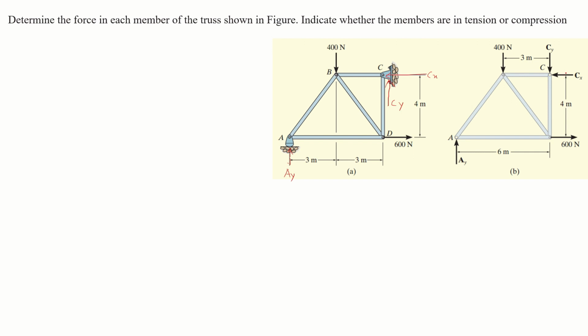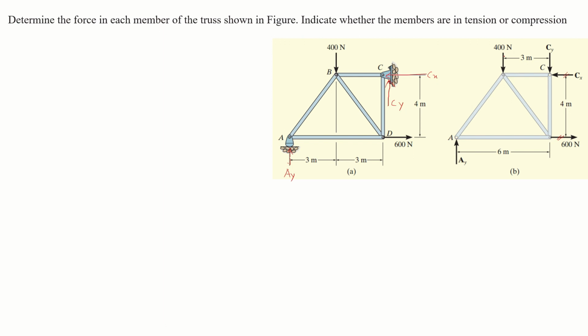Then the 400 Newton force is on the downside. CY can be on the downside or upside; its direction is not clear and it will be cleared at the end of this example.